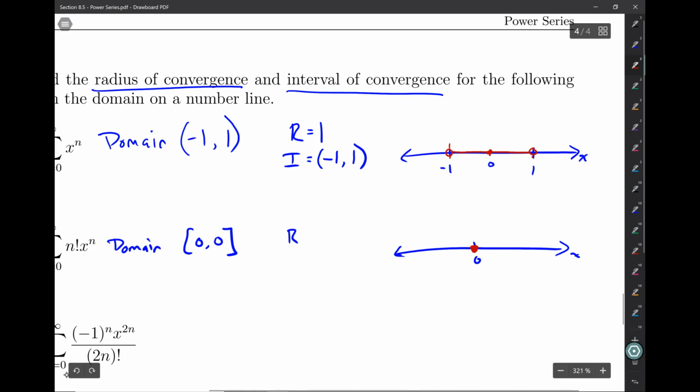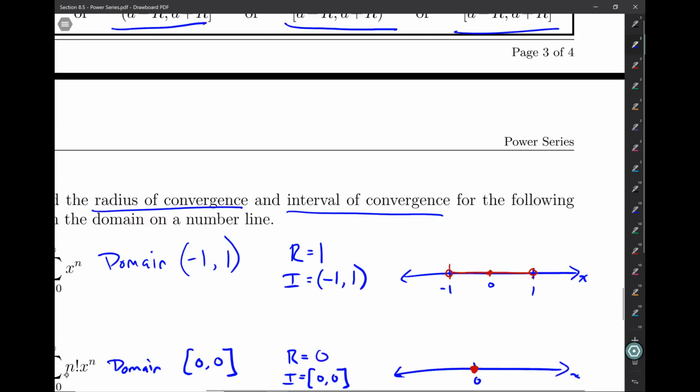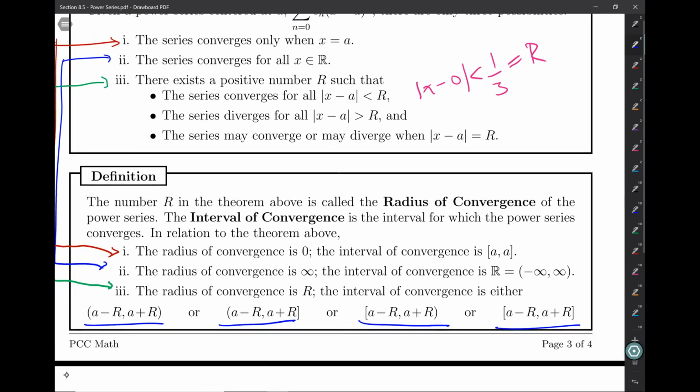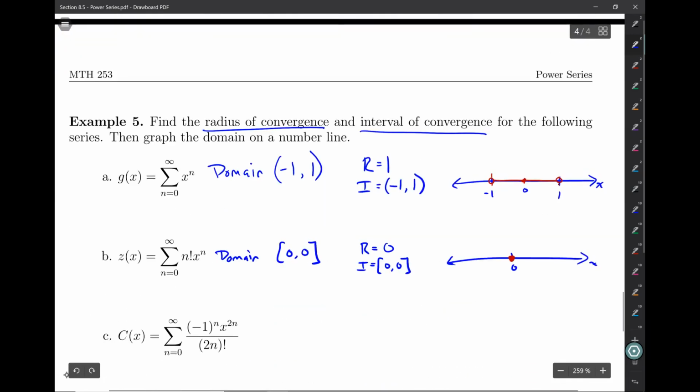We just have the point 0. The distance from 0 to 0 is 0, and so our radius actually is just 0. Our interval is just the closed interval from 0 to 0. Kind of an uninteresting idea, but consistent with our theorem and our definition as is here. Our radius of convergence was 0 because our series converge only when x is equal to 0. Our interval of convergence is also 0 to 0.